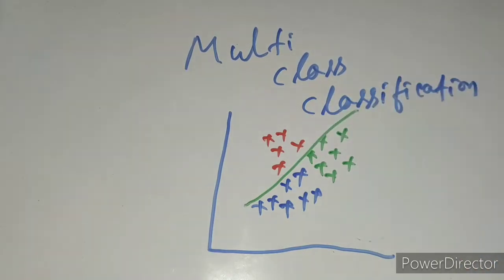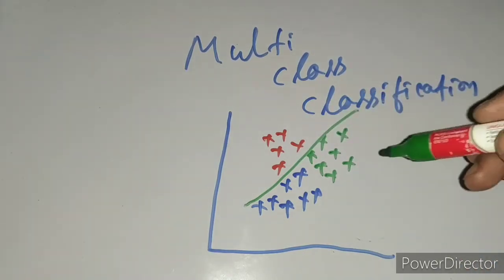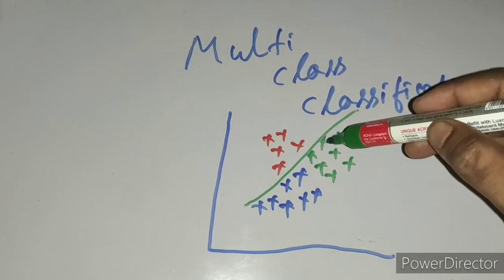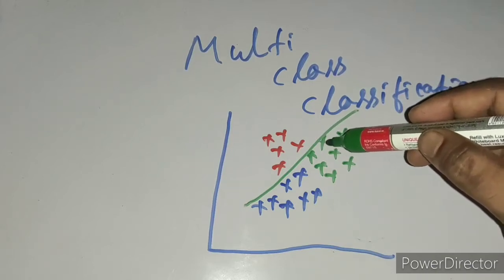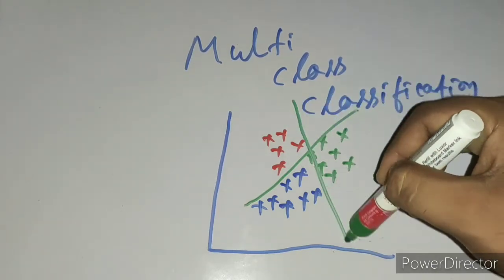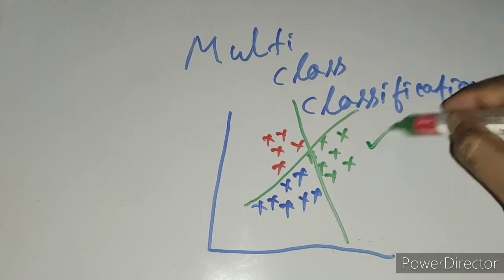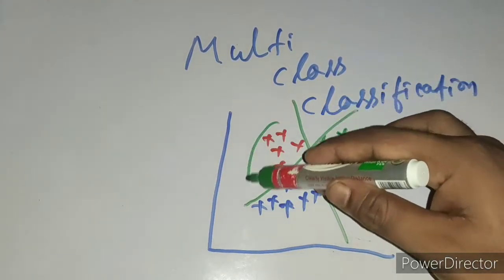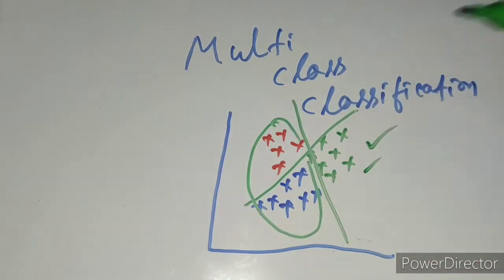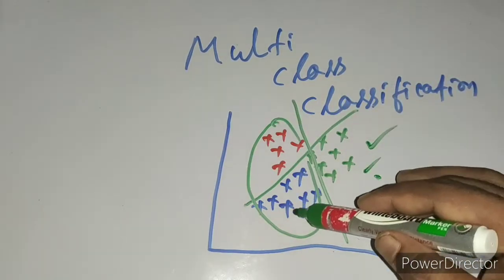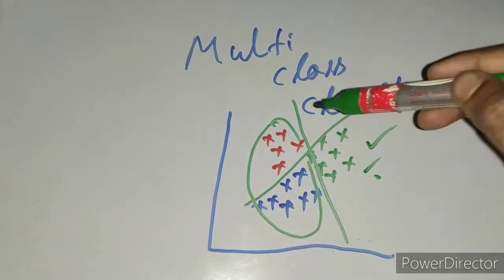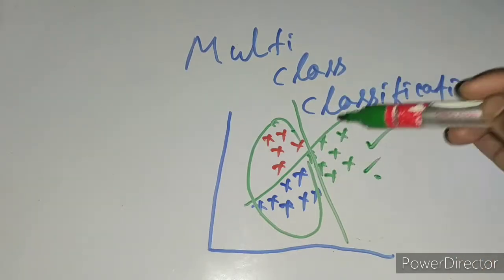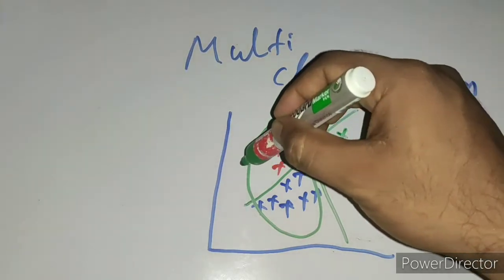Once it is done, again we have to classify by keeping one more level. This green part will be kept aside, and it will be compared with these two labels. So this is this one versus these two. Like this one more classification will happen.